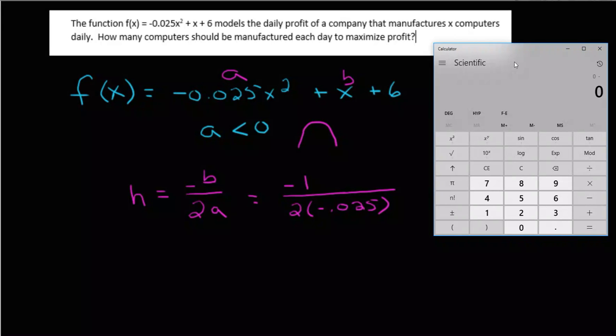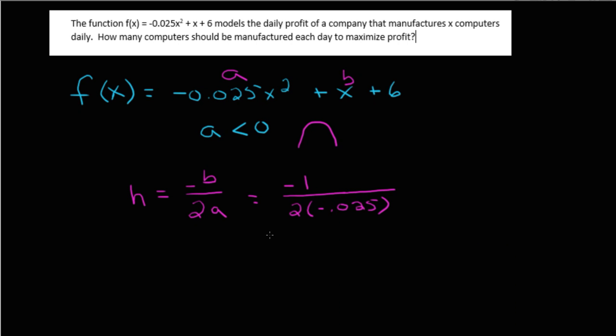Negative 1 divided by negative 0.05. We'll just ignore the negatives. 1 divided by 0.05 equals 20. So h is equal to 20.